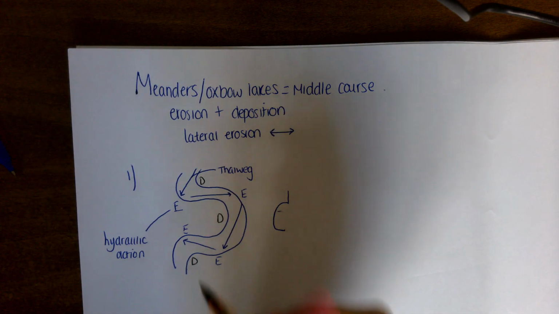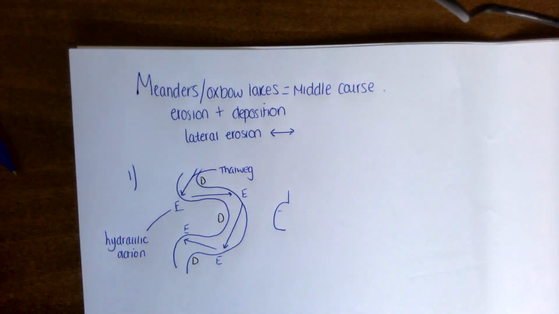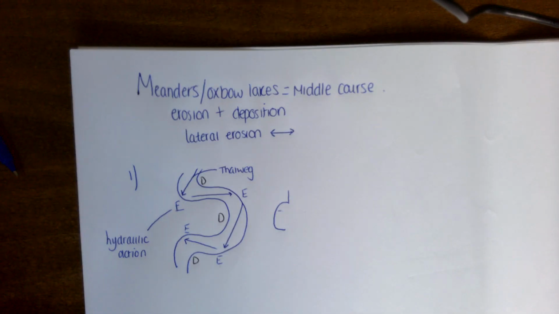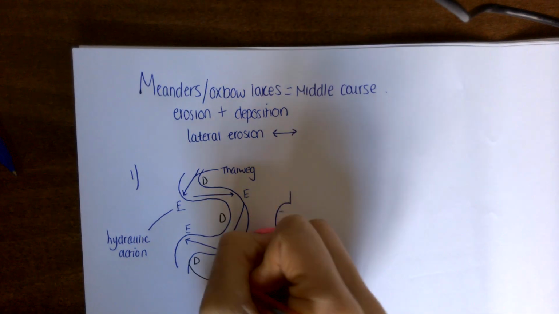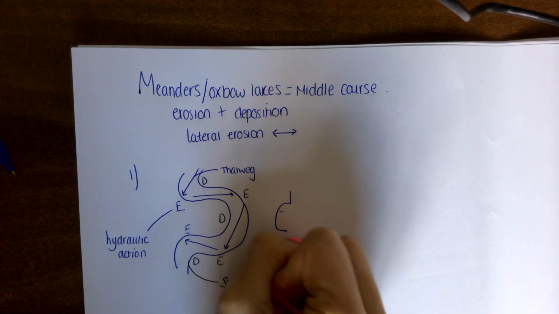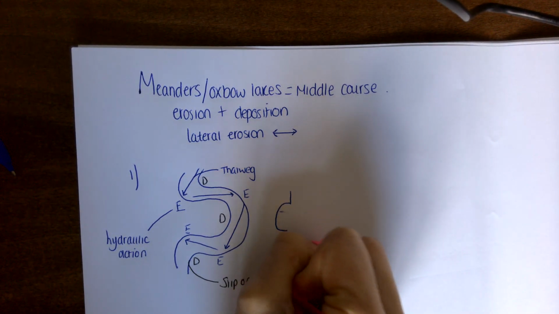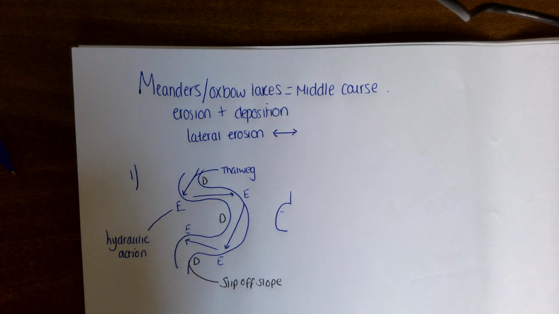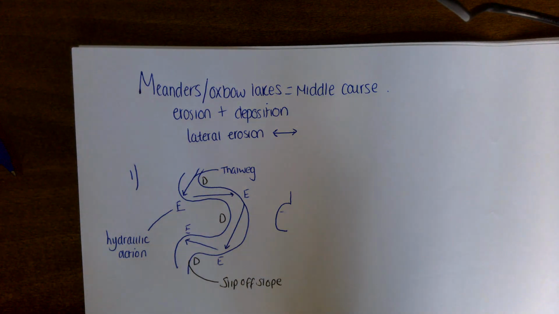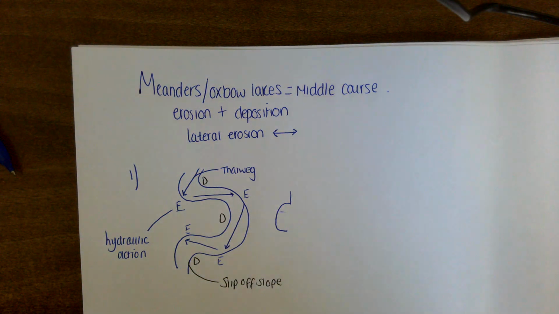That is where lots of material is deposited and it creates a little like river beach type thing, a slip-off slope they like to call it. So here where your deposition happens, you have a slip-off slope. Remember, that's due to the lack of energy. That's not where our fastest flow is, so the water cannot carry the material, so it drops it.